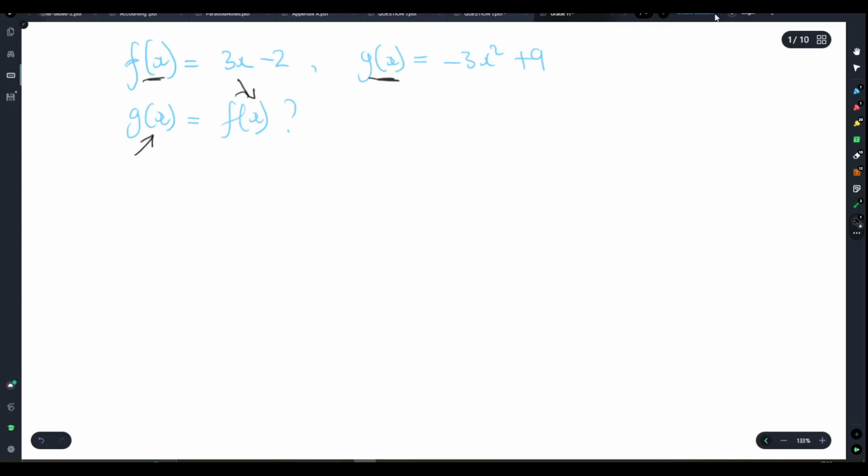do this. I'm going to say minus 3x squared, right? Then I'm going to add 3x squared, right? It's equal to 3x minus 2. Now here I've added 3x squared, right? I'm also going to do the same thing here. I'm balancing the equations, right?